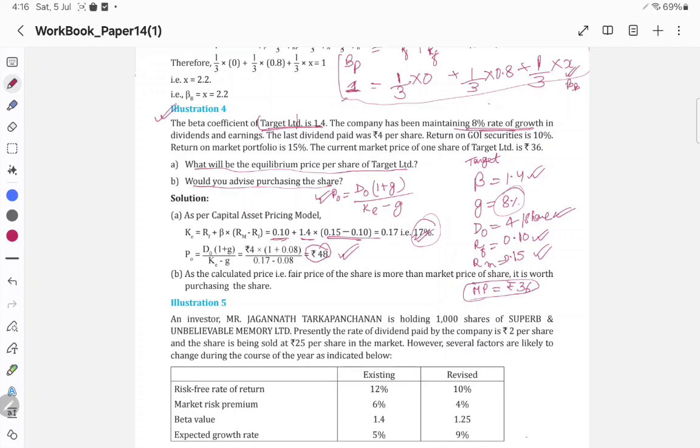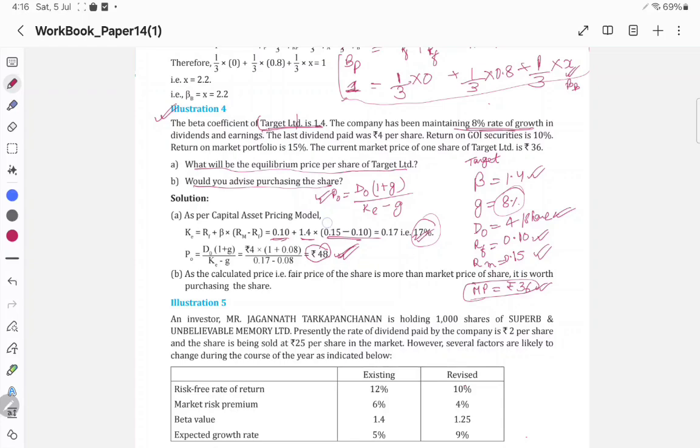The answer is, since the equilibrium price, that is, we can also call it the fair price, is more than the market price, because the market price is lower, it is worth it to purchase the share.